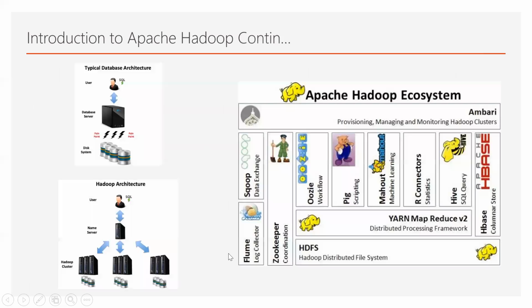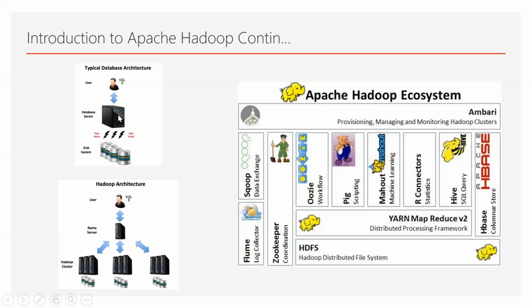If you look at the traditional database architecture, the servers are made of specialized hardware, on which we install database software or any web server or app server, and then we store our data in that. So data will be sitting on one particular server.